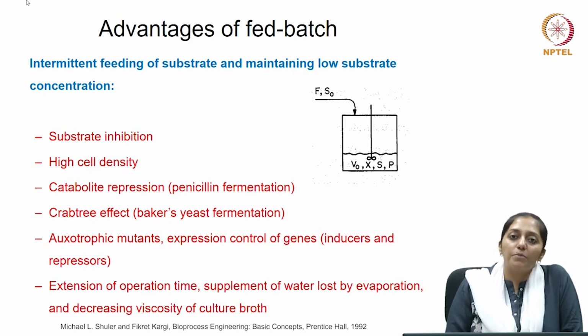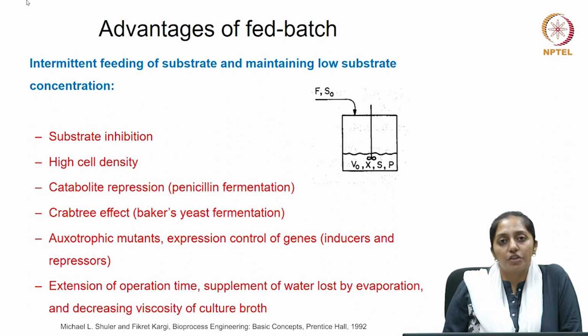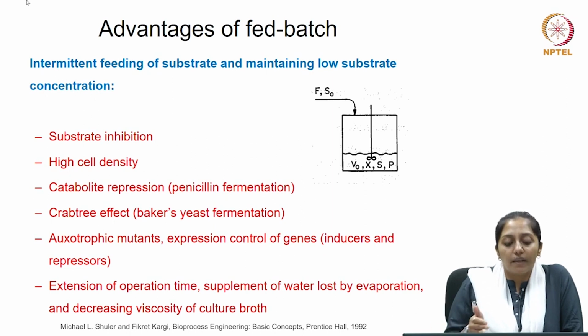So, a fed batch process can help in maintaining the glucose concentration inside the reactor at levels below those at which catabolite repression starts happening. One can maintain this by manipulating the glucose feed rate inside the reactor.